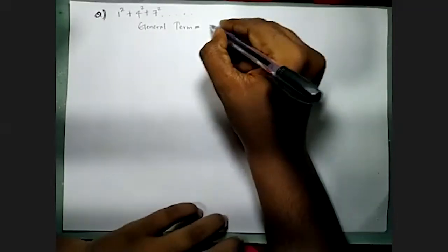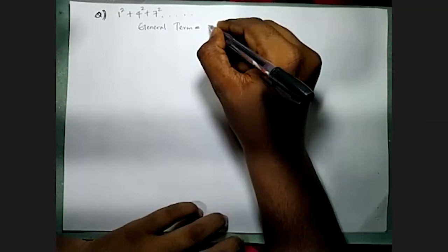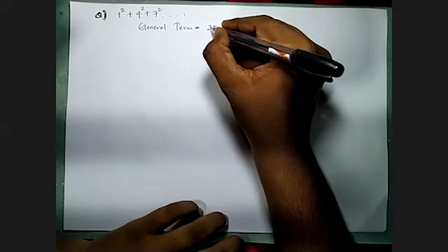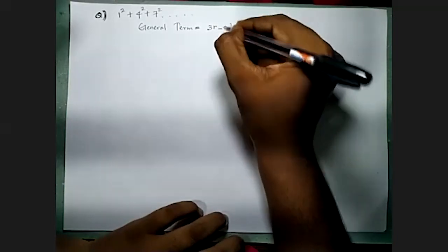Okay, 3n minus 2 whole square, 3n minus 2. Yeah, correct, but we are using r, not n. For the final answer we get n. When we are writing the general term, we use r. It is 3r minus 2 whole thing square.